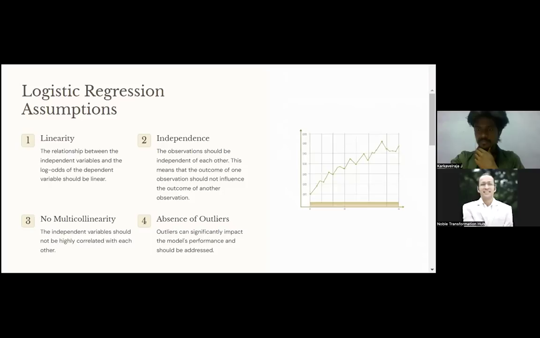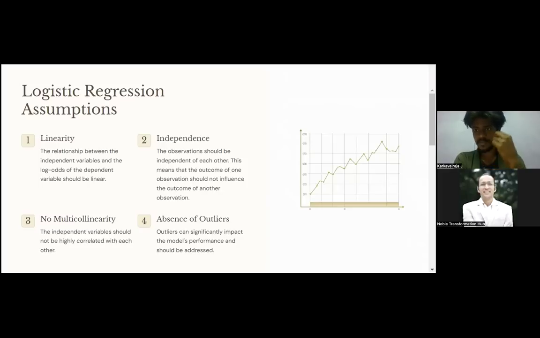It should be independent, and it should not influence the outcome of another observation. Suppose if it was dependent, then it would have been dependent on other observations, right? So it is independent, not dependent. The observation is not influenced by the outcome of another observation.